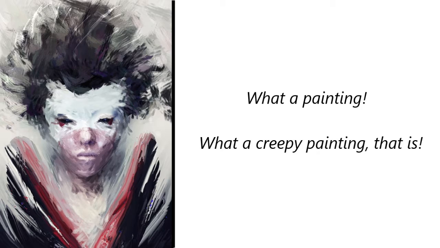We can say, "Whoa, what a painting." Or we can say, "Whoa, what a creepy painting that is." Creepy means something that makes you feel uncomfortable, makes you feel a little bit scared.